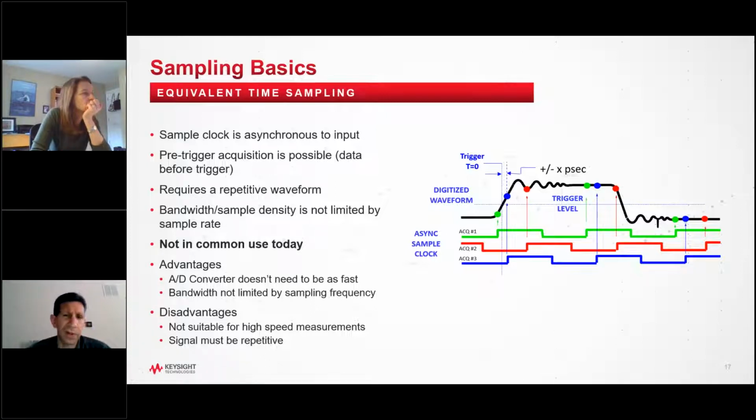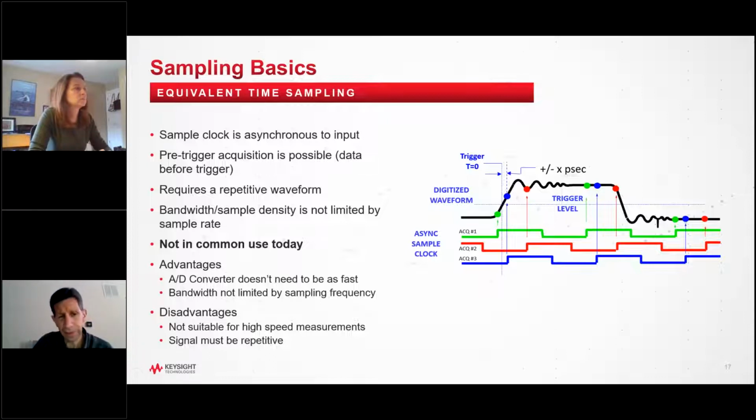And the next slide, we're going to talk about the more commonly used sampling method for a repetitive waveform. This is sort of a hybrid between a real-time oscilloscope and a sampling oscilloscope. So again, it's not commonly used today because the real-time and sampling oscilloscopes are good enough to do each one individually.